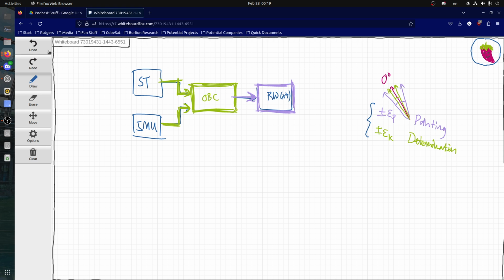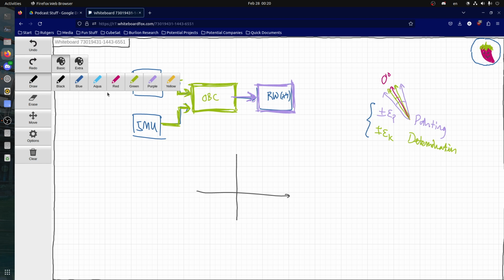When you have an antenna, there's a radiation pattern, which determines the intensity of the signal that's being sent. Let's say your antenna is a patch antenna.